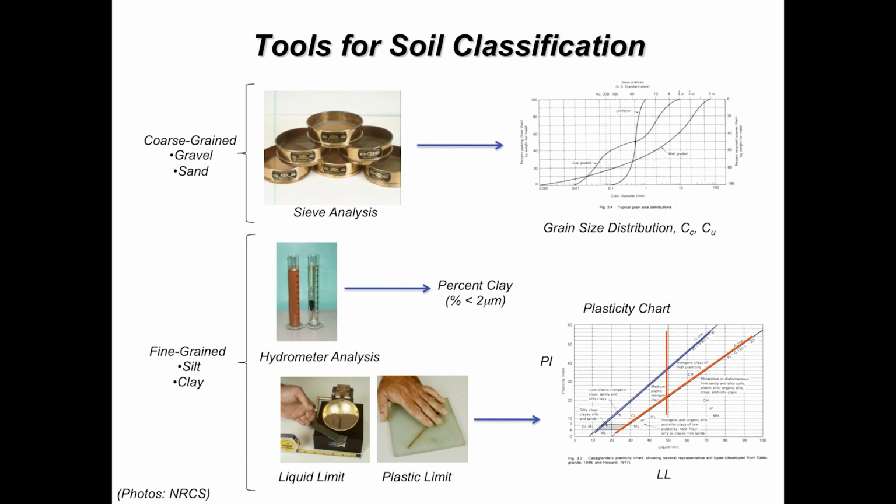For the fine grain portion, so for materials that are less than 75 microns, so that would include silts and clays in an engineering context, we use hydrometer analysis or some other sedimentation technique to measure or to separate particle sizes in that fine-grained fraction.